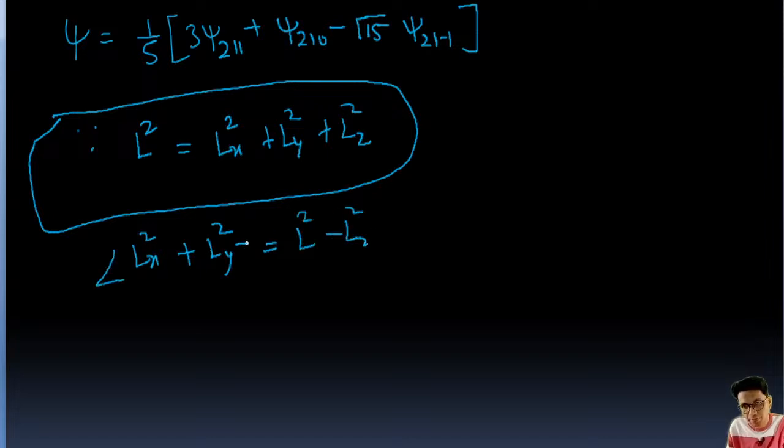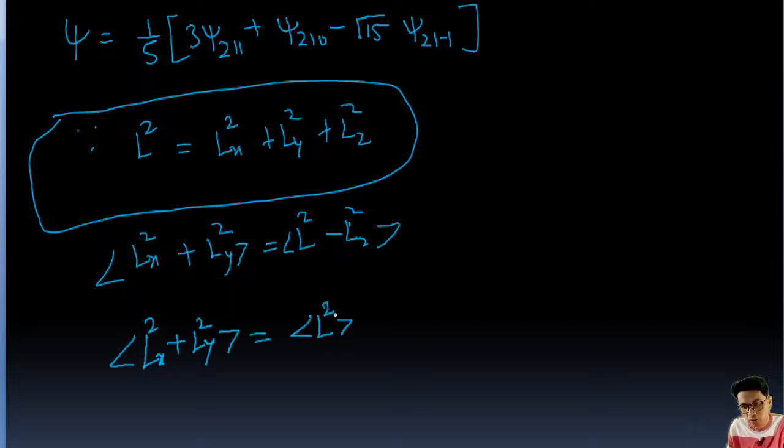Then the expectation value of Lx square plus Ly square is the expectation value of L square minus the expectation value of Lz square. We can say this is equation number 1. So if we get the expectation value of L square and of Lz square and subtract, we'll get the value.